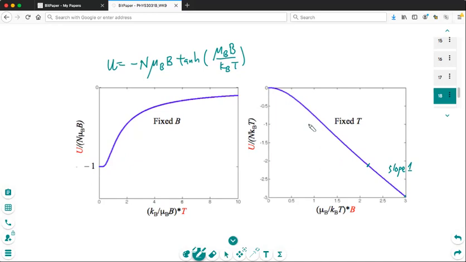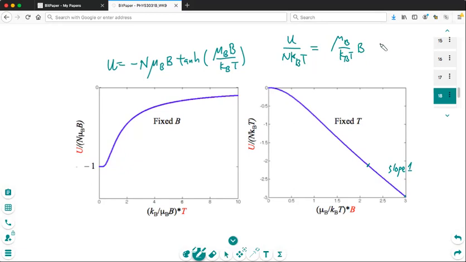Slope is 1, intercept is 0. So I know how to write this function. This is y, this is my x, mu B divided by kBT, times B, plus 0, intercept is 0.